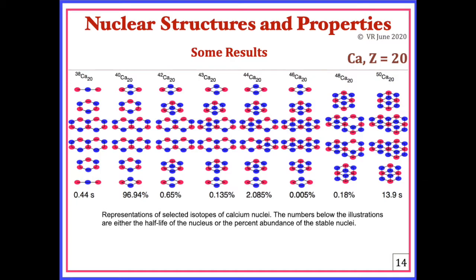Another feature to note is that in order to maintain the rules of binding required for the 48Ca isotope to be stable, it was necessary to rearrange the number of layers and the nucleon arrangements within them to a 4, 6, 6, 4 protons layer arrangement.